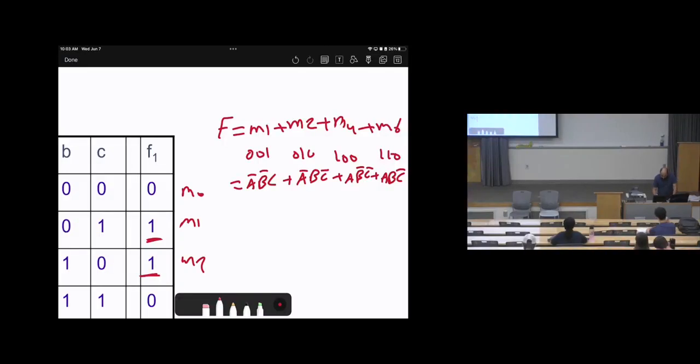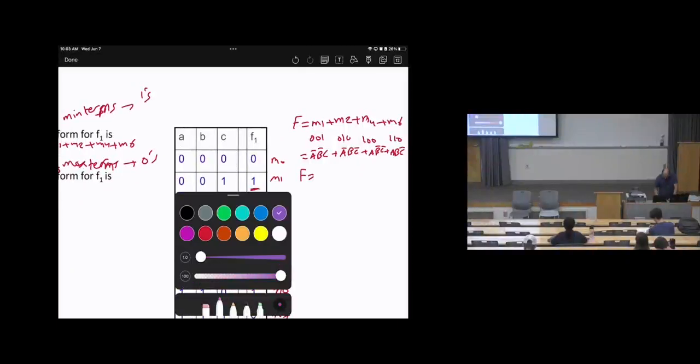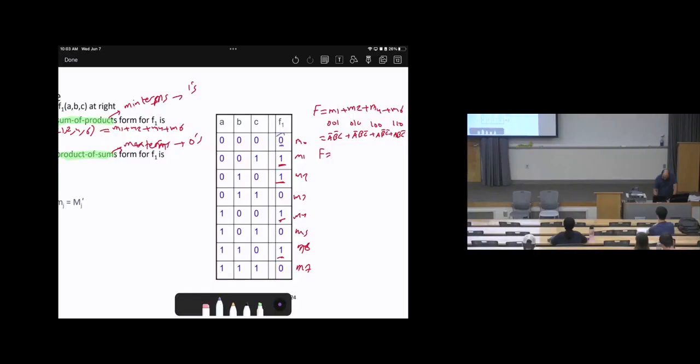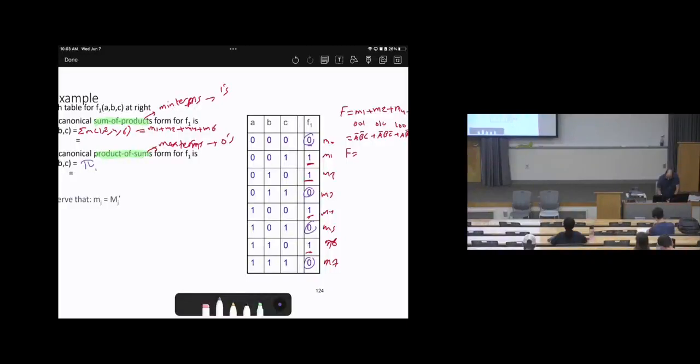Okay. So how about in maxterms? Maxterms are the location of zeros. So here are the zeros, and in maxterms it will be the product of maxterms. The zeros are located at 0, then at M3, then M5 and M7.